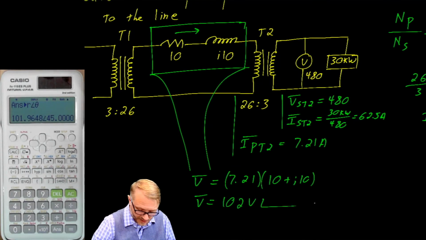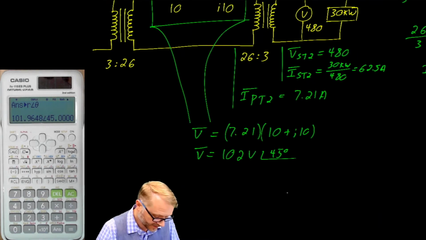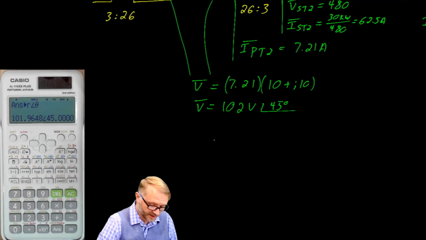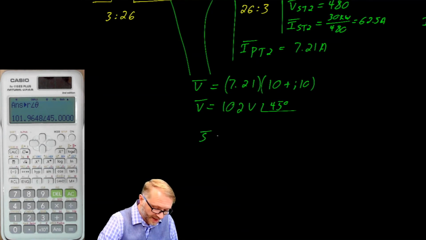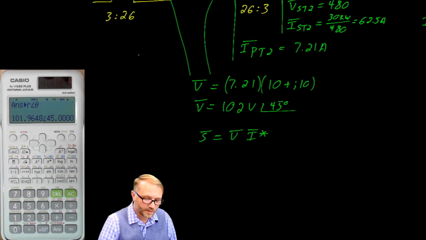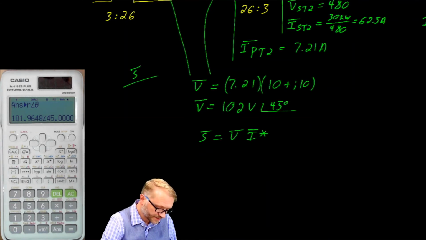102 volts at a phase angle of 45 degrees. And finally, we can calculate the complex power lost to the line as the voltage times the complex conjugate of the current. Remember, our power law, S, is the voltage times the complex conjugate of the current.